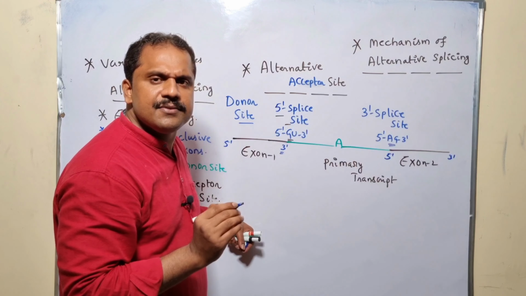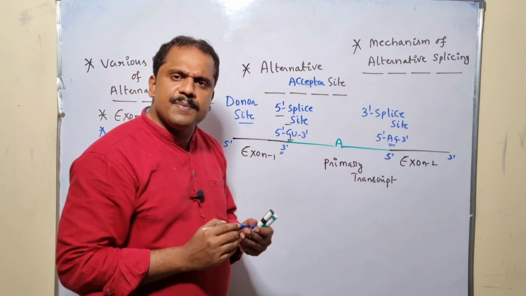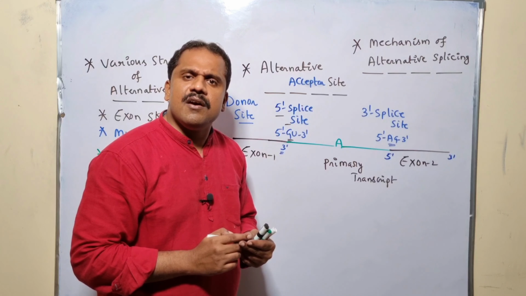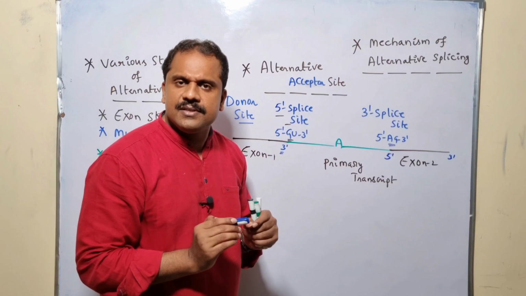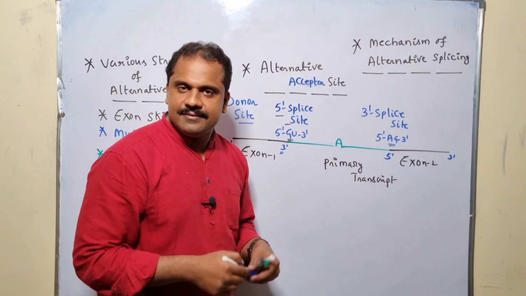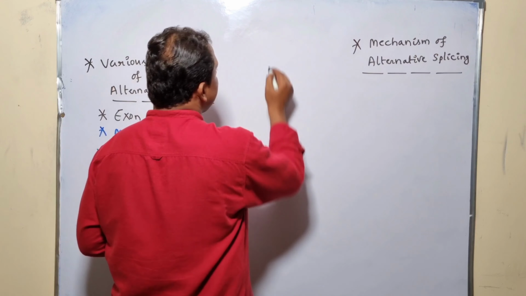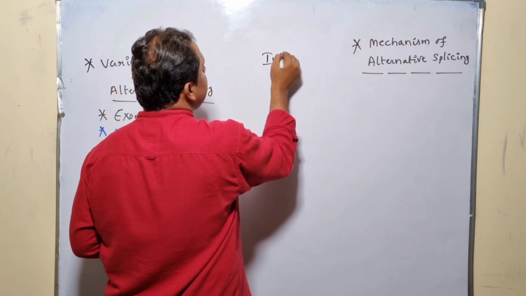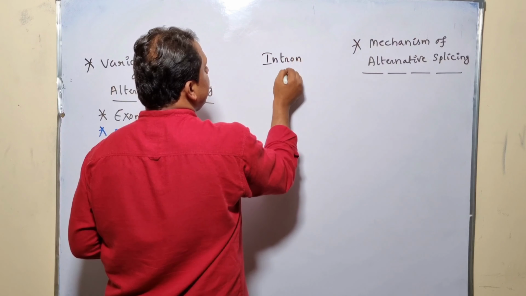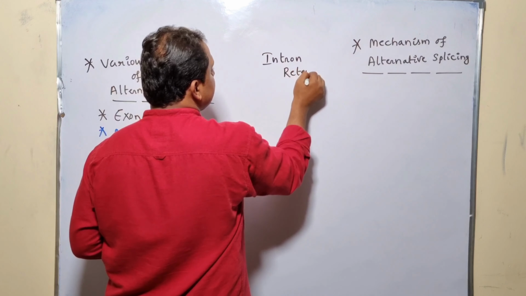And the other alternative strategy through which the alternative splicing mechanism is successfully organized in case of higher eukaryotes includes intron retention. Is it clear? So what is the meaning of intron retention? So here the other strategy of alternative splicing mechanism includes intron retention.